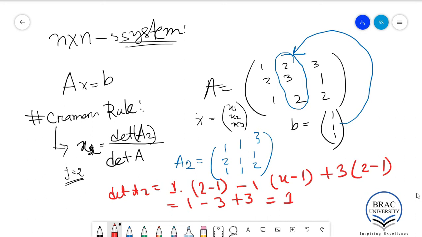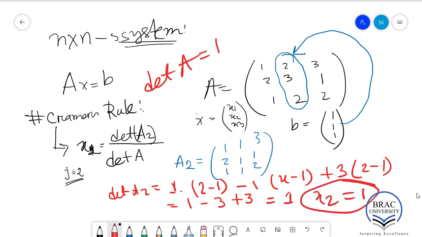This is the determinant of A2, and if you evaluate the determinant of A, this also gives you 1. So you can say x2 equals 1. Similarly, you can solve for x1 and x3 using this formula.